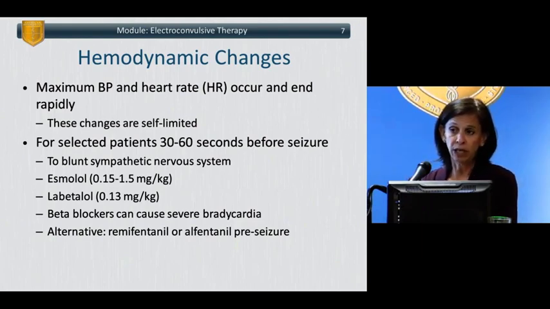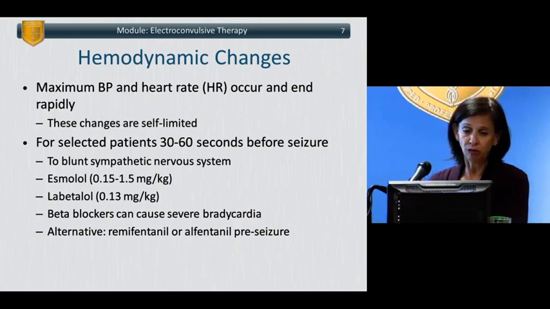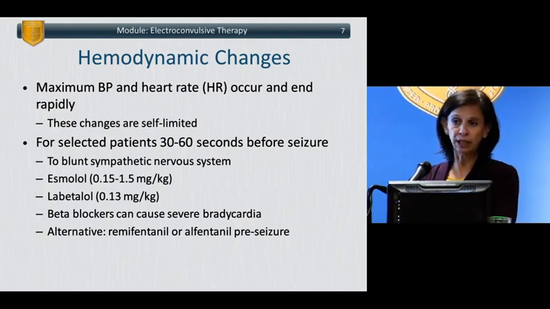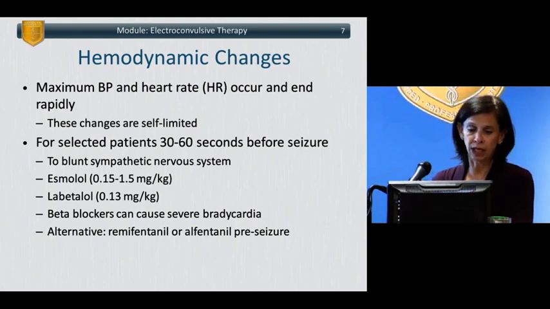You may want to limit the rise in blood pressure and heart rate. So it's best, rather than treat the conditions once they occur, because they are so short-lived, to prophylactically give medications to prevent the increase.